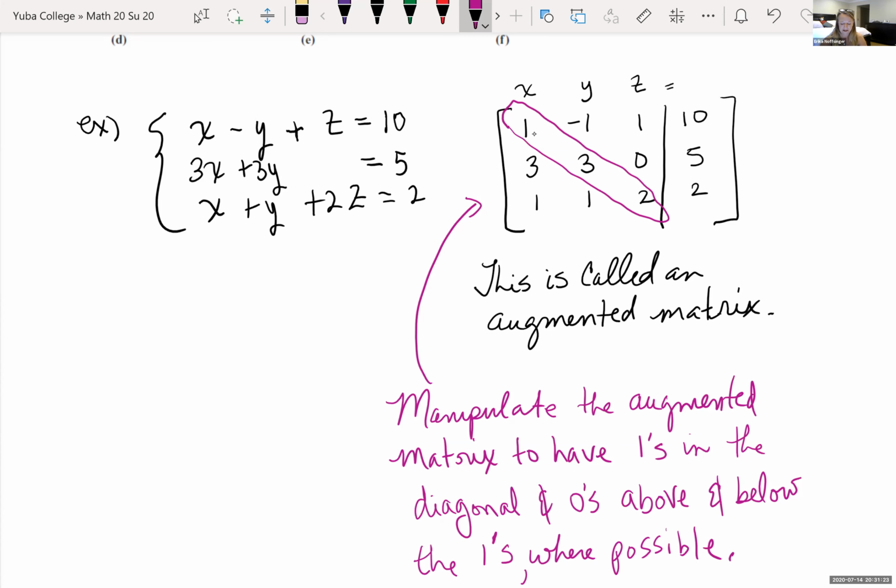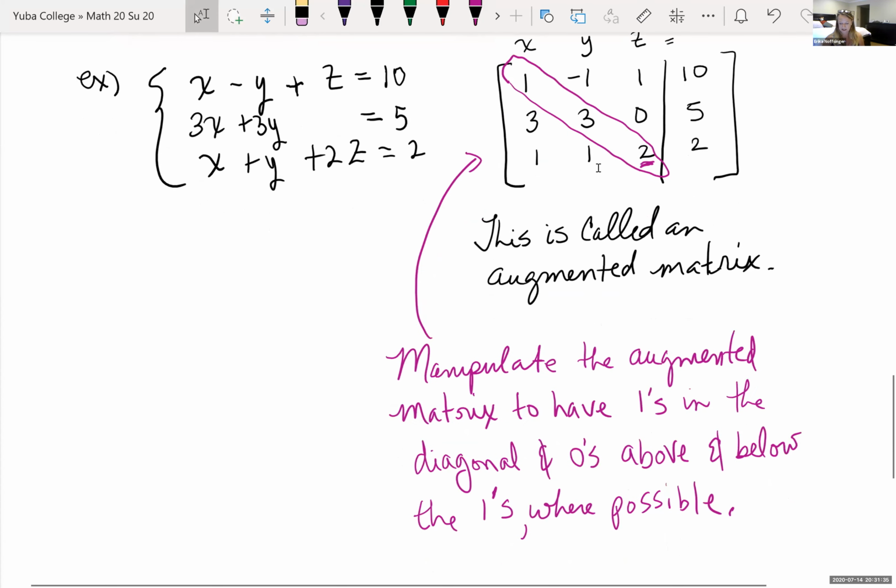If I went down here to this 2, it is located in the third row, third column. But you're not going to be tested on that. Basically, you just need to know that you want ones in this main diagonal and zeros anywhere below or above that, if possible.